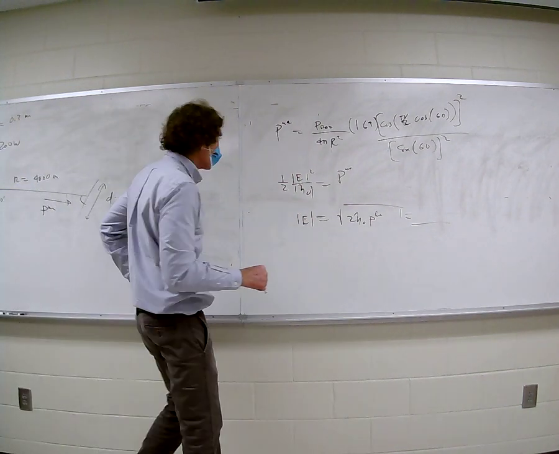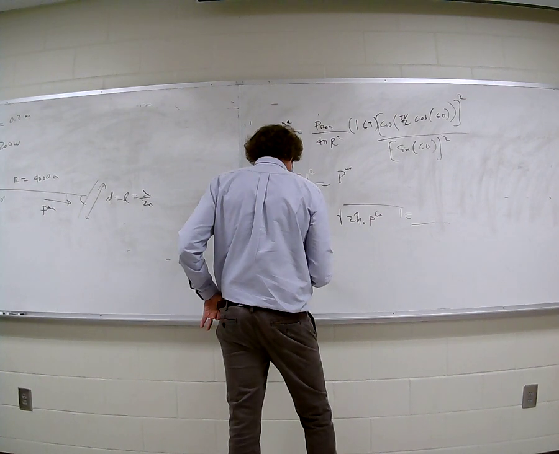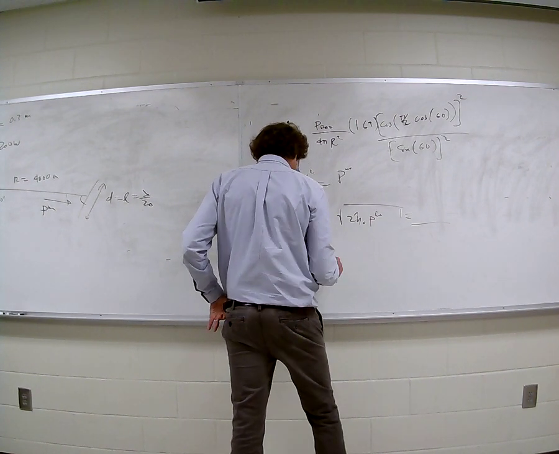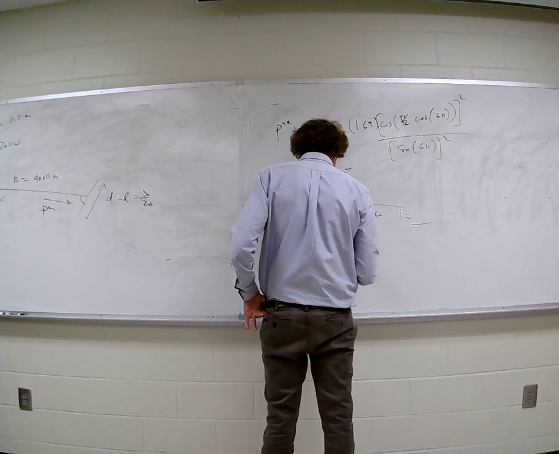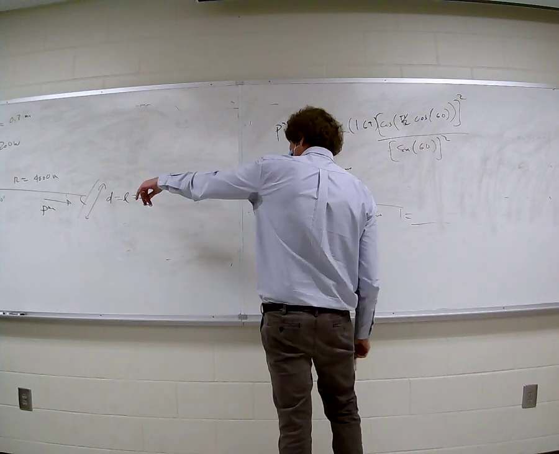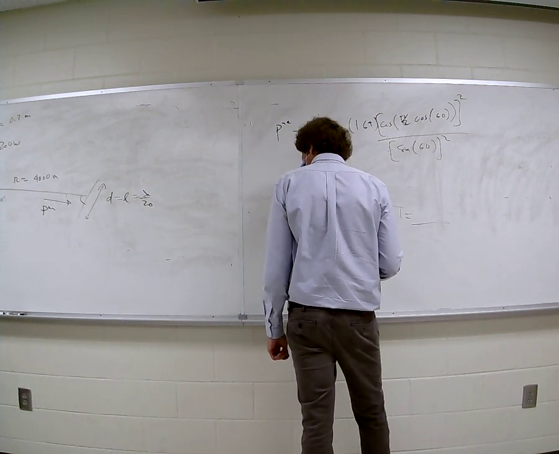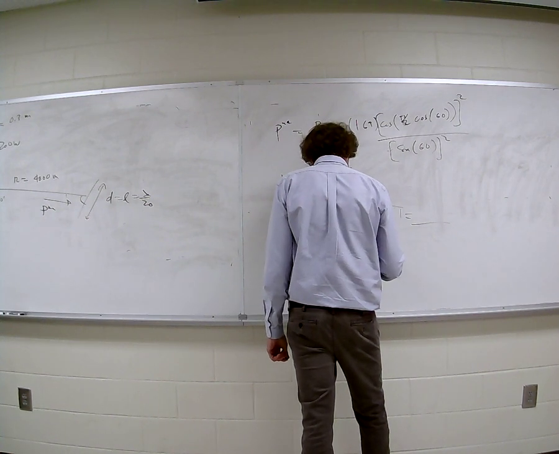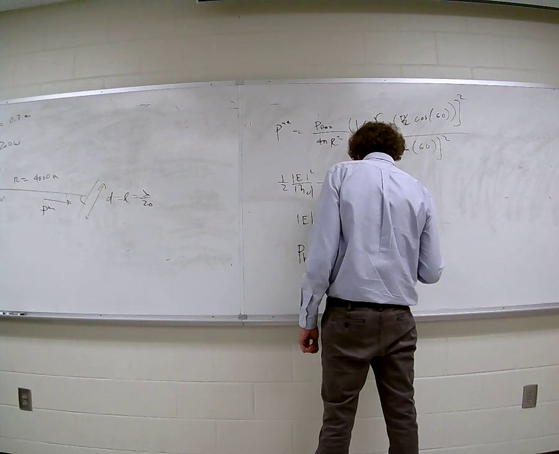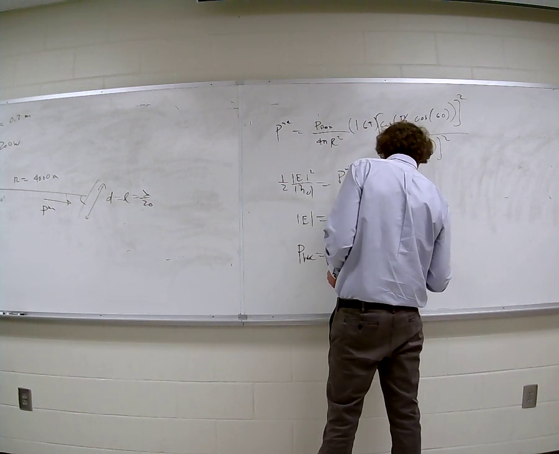Finally, when I have that, the last thing I wanted to do, and this is the one I gave you, the P actually received would be equal to lambda squared over 4 pi times the gain or directivity of that antenna. That antenna was a short dipole, right? So for a short dipole, it's going to be 1.5 times the sine squared of the angle, which is 80 degrees.